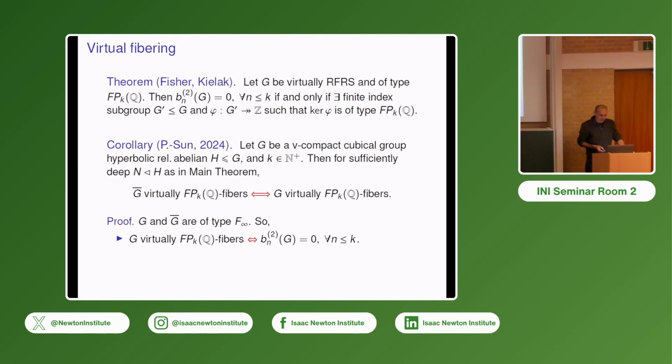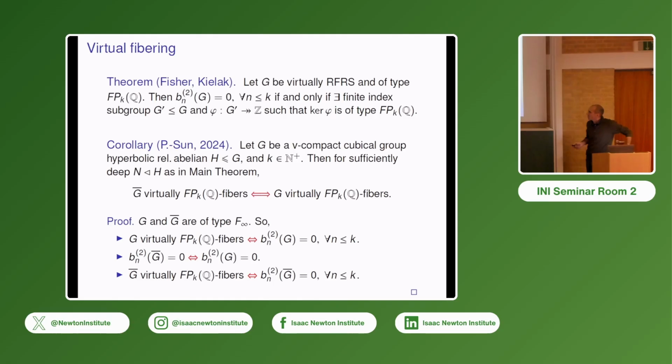So we know that G is virtually fibered if and only if L2 Betti numbers vanish up to this degree. Now, by our main result, we know that the L2 Betti numbers of this vanish if and only if they vanish for G bar, because they're equal. And then the same thing for G bar. It is virtually fibered if and only if its L2 Betti numbers vanish, again by this theorem, because G bar satisfies the assumptions of this theorem.